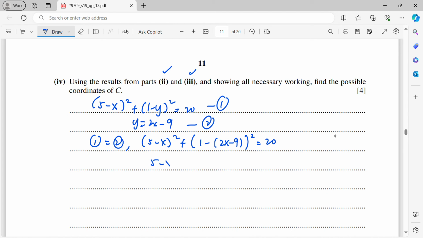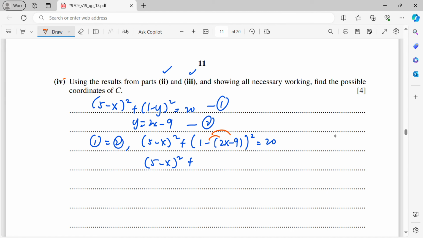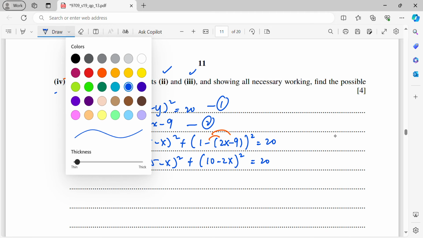So I will simplify first before I do the expansion. When you bring in the minus, it will be 1 minus 2x plus 9. So 1 plus 9 is basically 10. So (10 minus 2x) squared equals 20. And now here, I will just expand it.